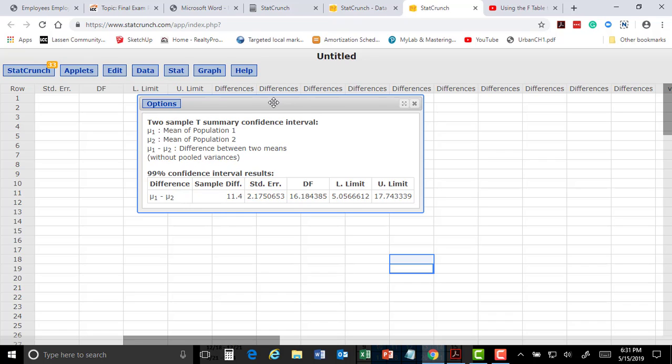Anybody see it? What's closest? It's like 5.6 if you were to round this up. And the other one would be bigger than 17 though.